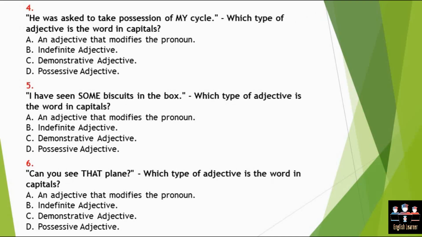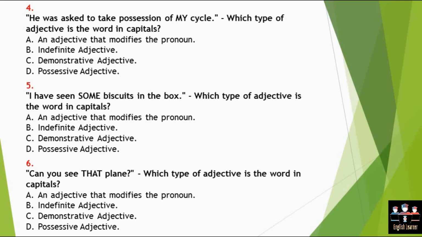Number 4. He was asked to take possession of my cycle. Which type of adjective is the word in capitals? A. An adjective that modifies the pronoun. B. The indefinite adjective. C. Demonstrative adjective. D. Possessive adjective.